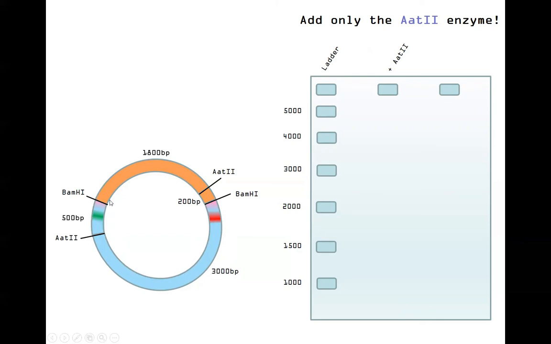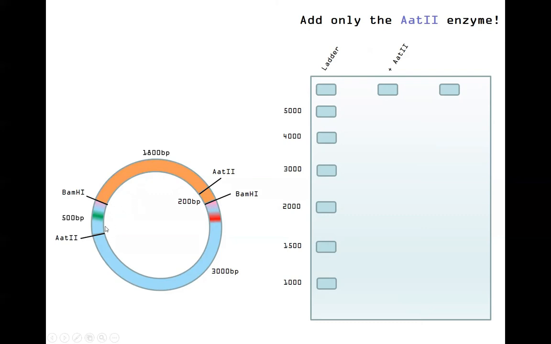We knew from looking at our gene, and I've put this on a previous slide, but because we know what gene we're trying to put in, we know the length of this sequence, and this is going to be 1,800 base pairs at 2 site, and then another 200 base pairs, so a total of 2,000 base pairs. So in total, we're going to have our 3,500 and our 2,000 base pairs here.